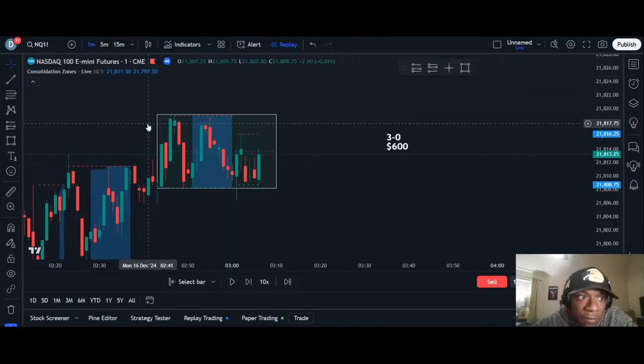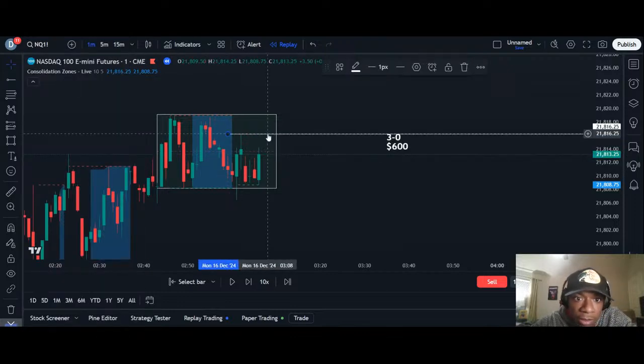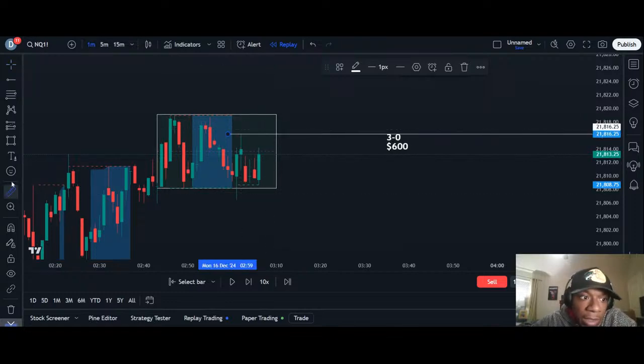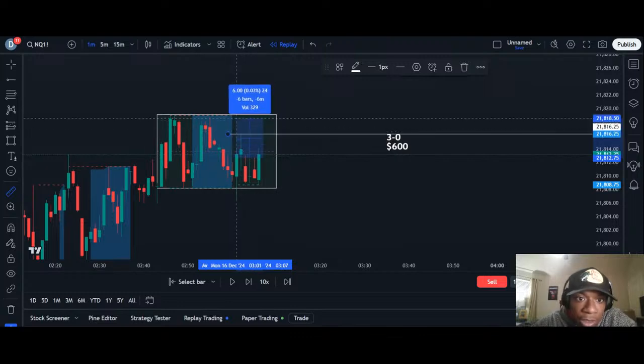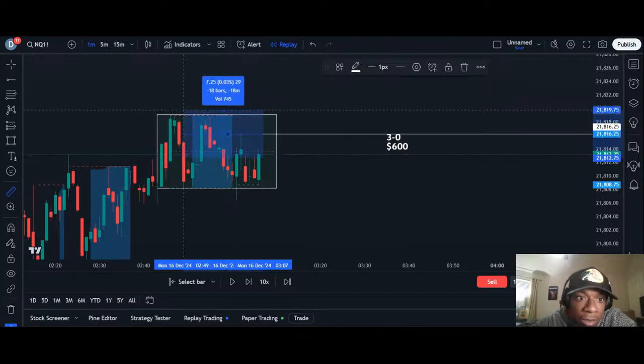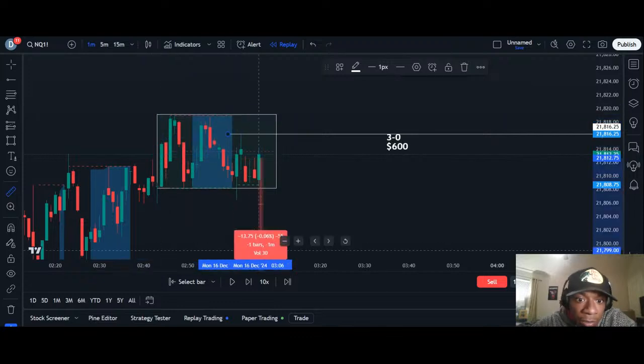if price was to break out of this zone, say price closes above here, what you're going to see happen a lot is it'll close above this zone, push up, and it could reject the zone you originally had and then reverse on you.